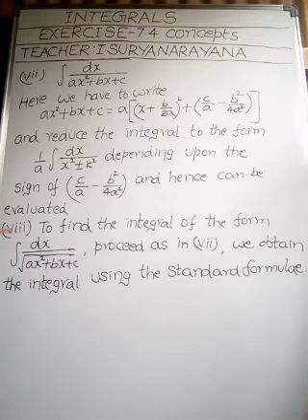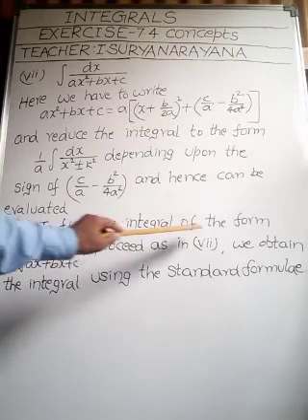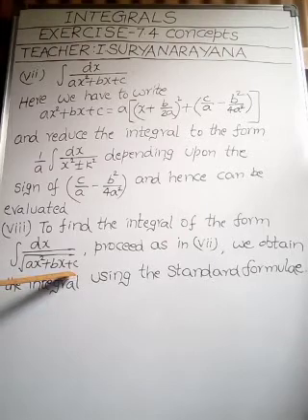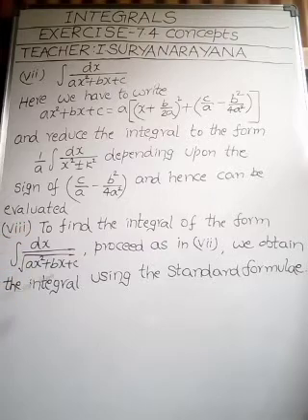Come to the 8th formula, same as point number 7. To find the integral of the form integral dx by square root of ax square plus bx plus c. Here also, under the square root, a complete quadratic expression is given. A standard form of a quadratic expression in x is given here. In the previous 6 formulae, only the x square term and the constant term were given.